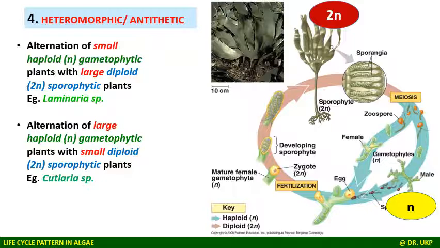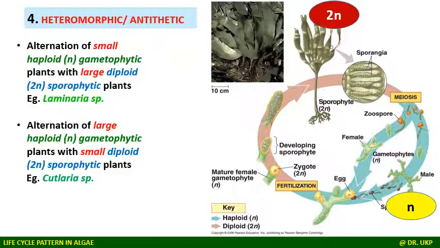Just see here that I have mentioned two separate examples. One is Laminaria, the photo you are seeing here, where the gametophytic plant body is small and the sporophytic plant body is large. Now the gametophytic plant body consists of a haploid set of chromosomes, and the sporophytic obviously has a dual set of chromosomes, that is diploid.